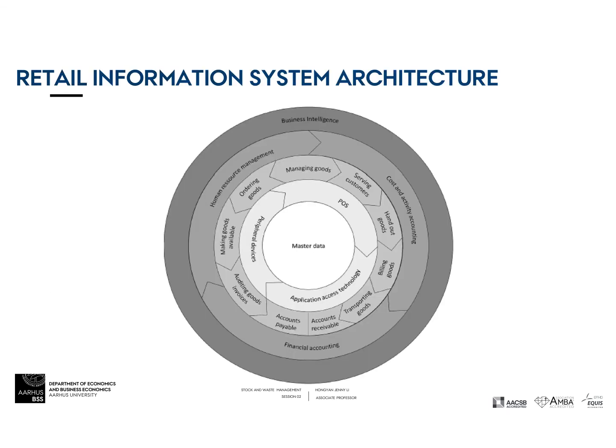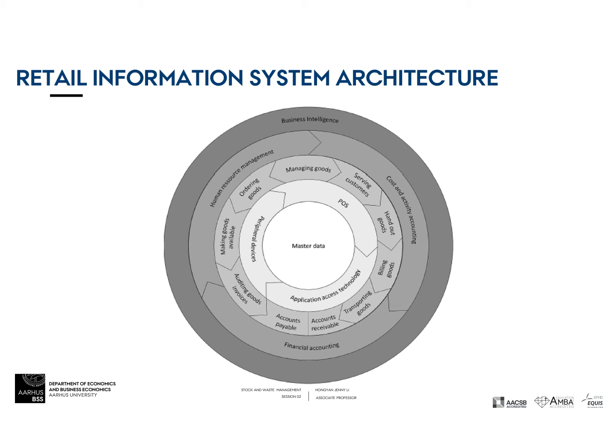We can also use another information system architecture to illustrate the retailer information systems from inside to outside. We start with master data. So actually, you need to have all kinds of data, a data infrastructure, databases, different types of databases.